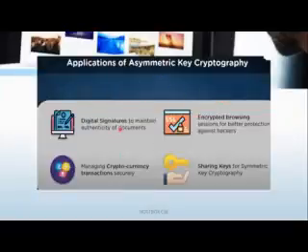Because of digital signatures to maintain the authenticity of documents, so whenever the sender sends a document, it is sent with some secure mechanism. The next one is managing cryptocurrency transactions securely, and also encrypted browsing sessions for better protection against hackers, especially for net banking, which is very important.